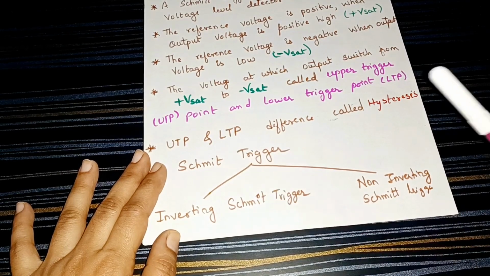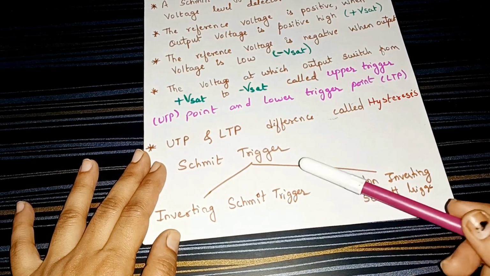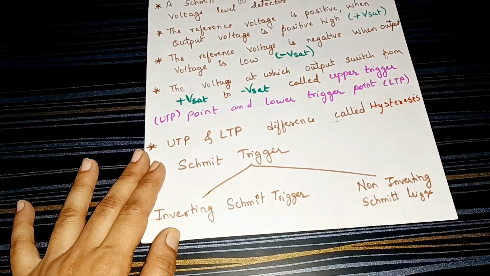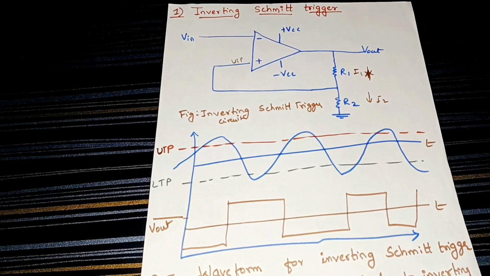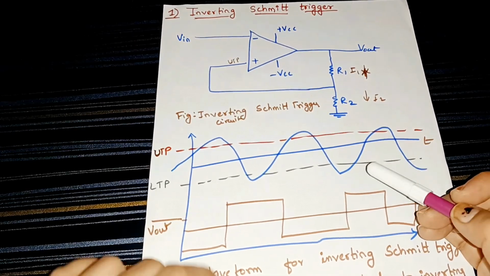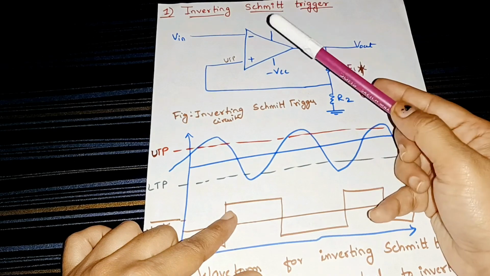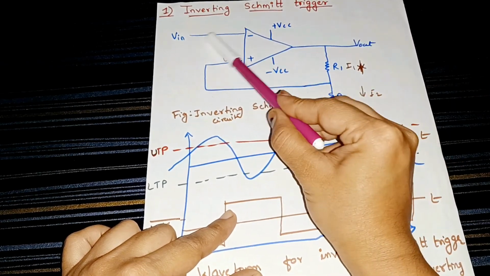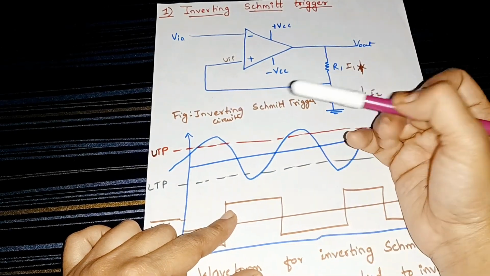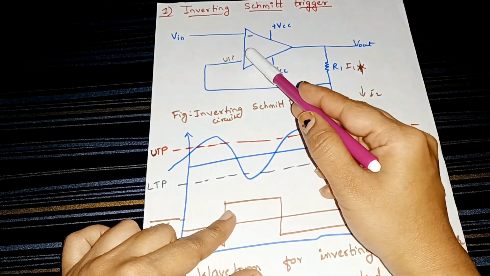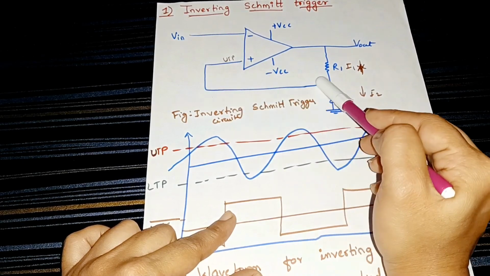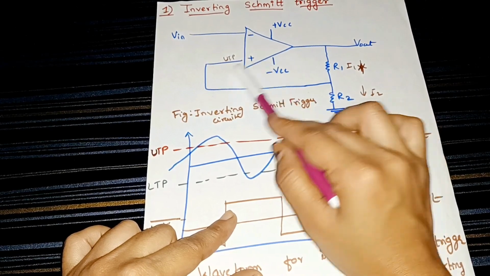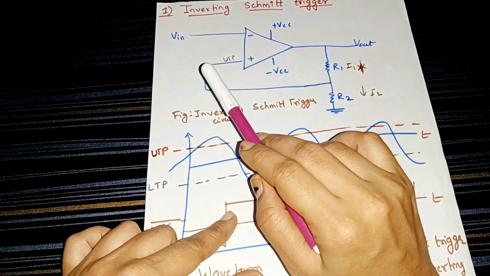We are going to classify the Schmitt trigger in two forms: the inverting Schmitt trigger and the non-inverting Schmitt trigger. First we'll see the inverting Schmitt trigger. In it, the input is given to the inverting terminal, and according to the Schmitt trigger definition we connect the positive feedback to the output voltage, not to ground as in the peak detector.